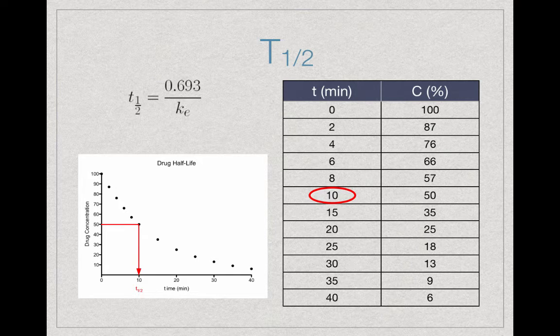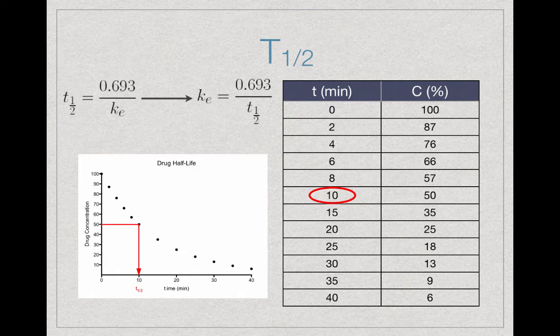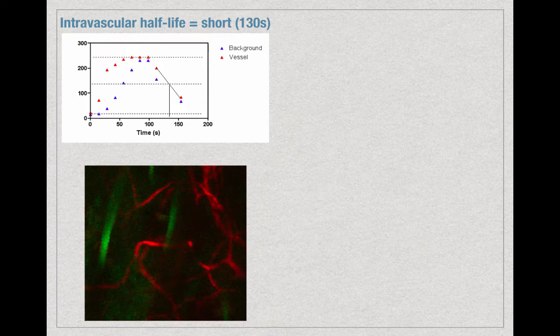So we know now that the T1/2 is 10 minutes, and then from there we can go back and figure out what Ke is. So by doing that, Ke equals 0.693 over T1/2, so Ke equals, in this example, 0.0693. So knowing T1/2, we can get Ke, and knowing Ke, we can get T1/2.